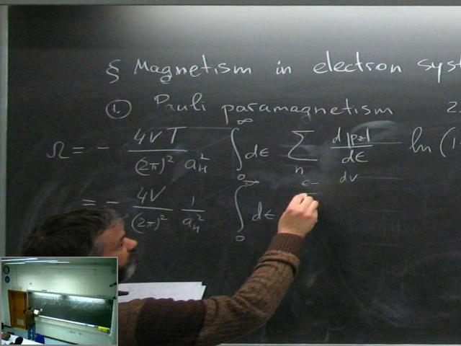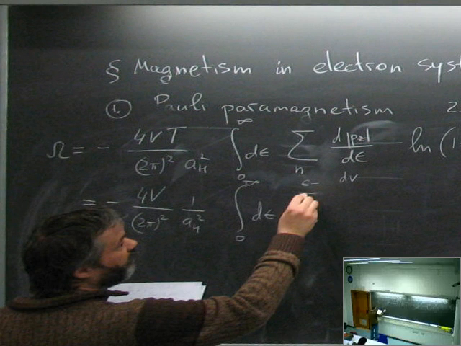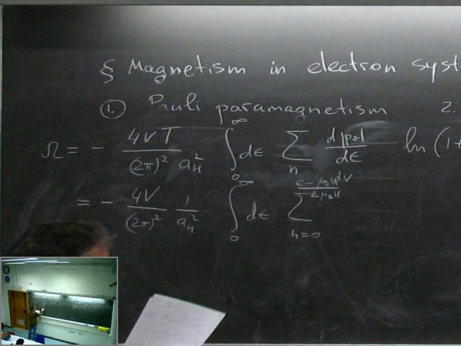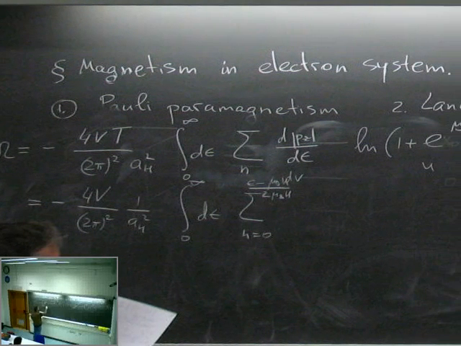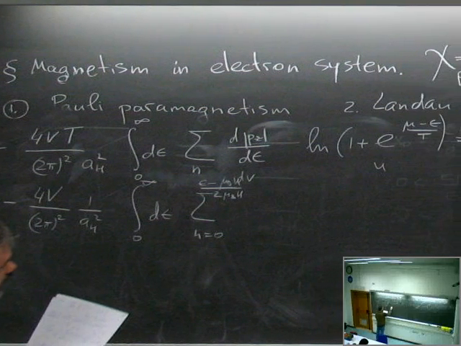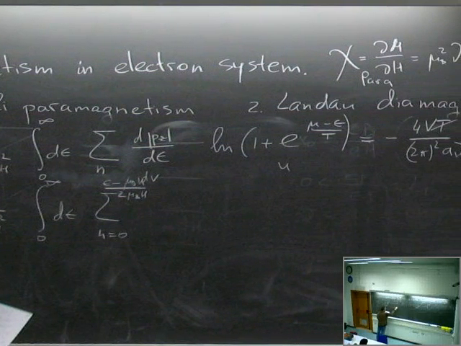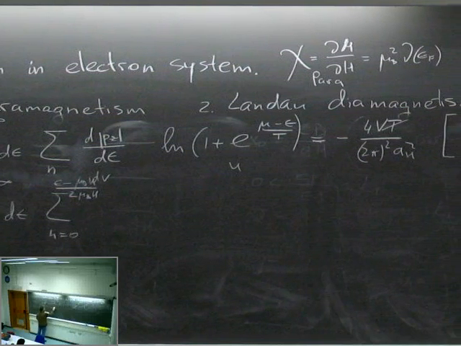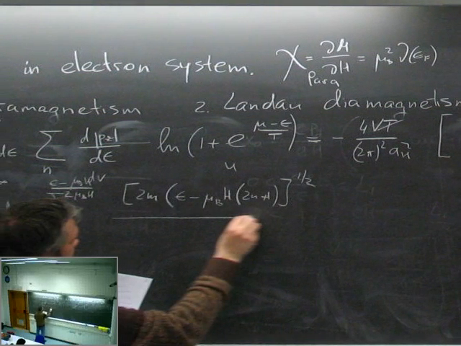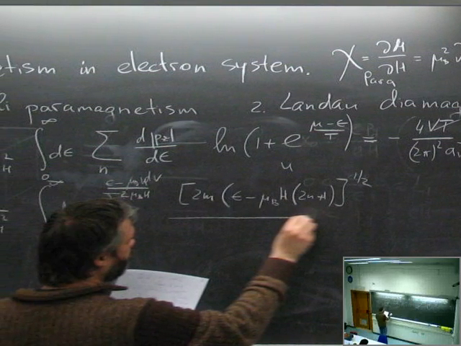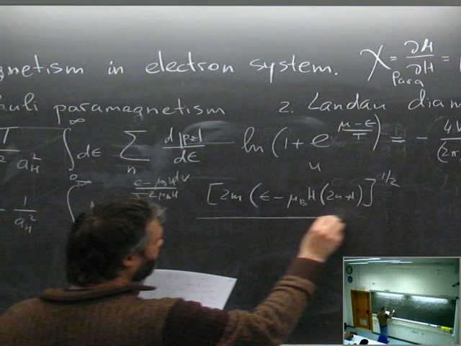So this is epsilon minus mu_B H over 2 times mu_B H. And the expression, I repeat it, 2m times epsilon minus mu_B H (2n plus 1) to the power 1/2, divided by e to the power (epsilon minus mu) over temperature plus 1.